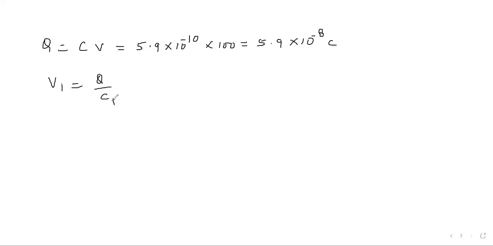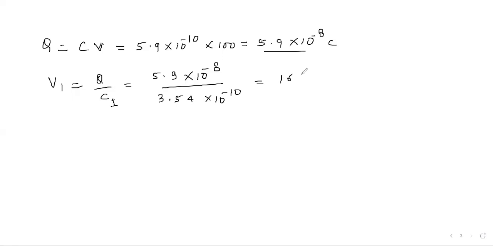It is the case when there was no dielectric. This is capacitance when there is dielectric. So Q is this much, 5.9 into 10 to the power minus 8 divided by C1. So C1 means initial value of capacitor when there was no dielectric, was 3.54 into 10 to the power minus 10. So that comes out to be 166 volt.